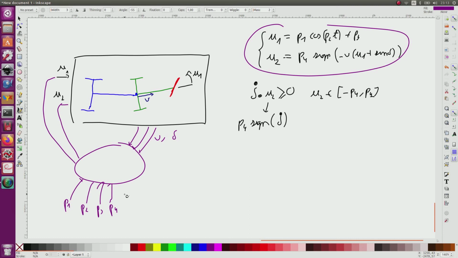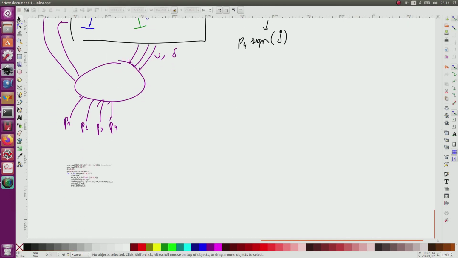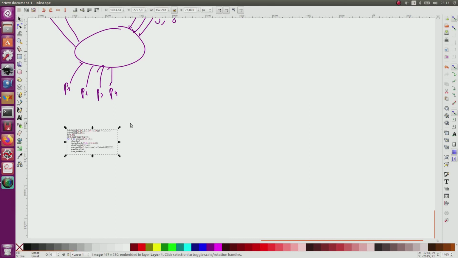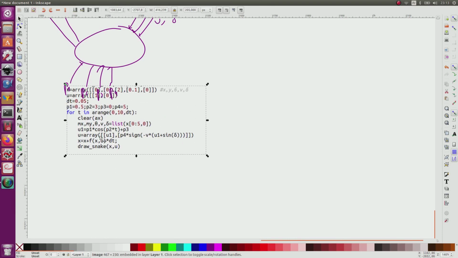I will implement this. So I propose to use the following Python program.